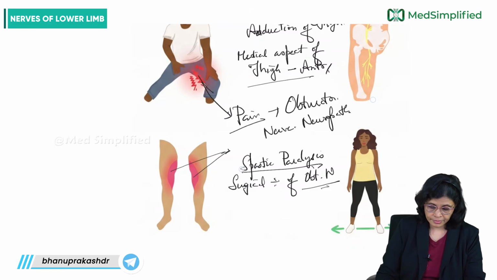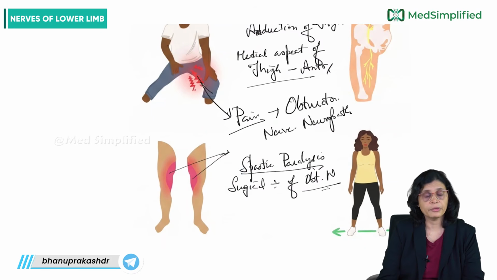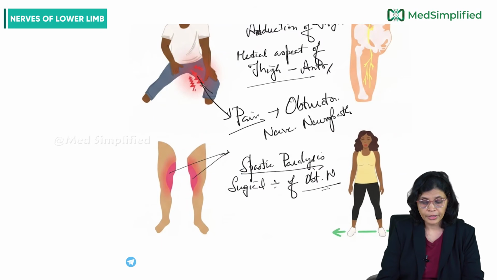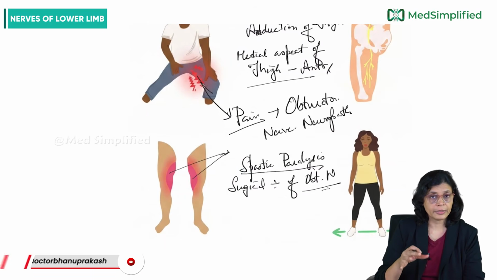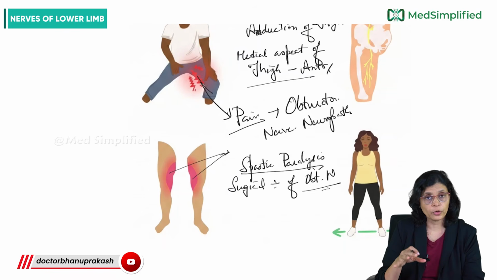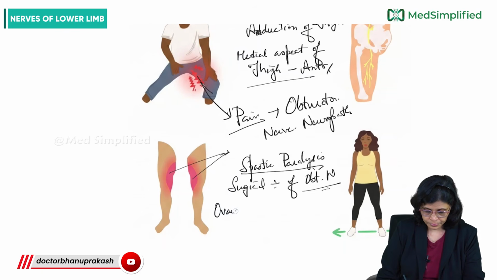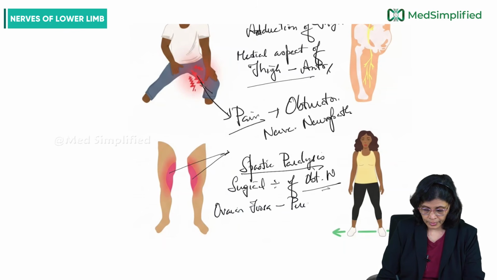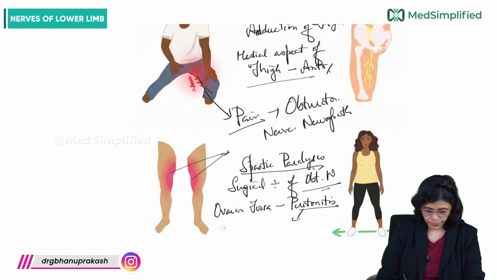And sometimes, in females, the inflammation of the ovary causes localized peritonitis. This peritonitis is seen in the region of the ovarian fossa. So in the ovarian fossa we see peritonitis because of the inflammation of the ovary, and this will cause irritation of the obturator nerve.